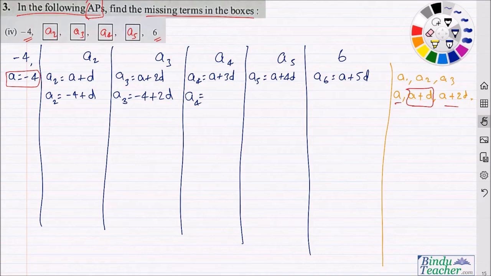A4 equals -4 plus 3D. A5 equals -4 plus 4D. And finally we have A6. We know the value of A6 as 6. We can write 6 equals -4 plus 5D.